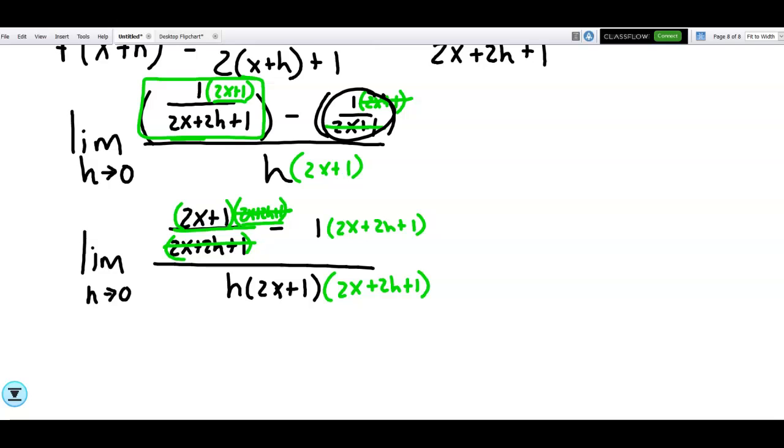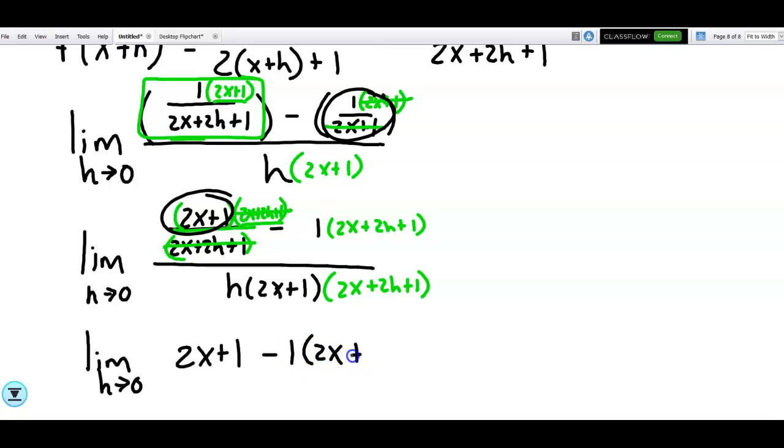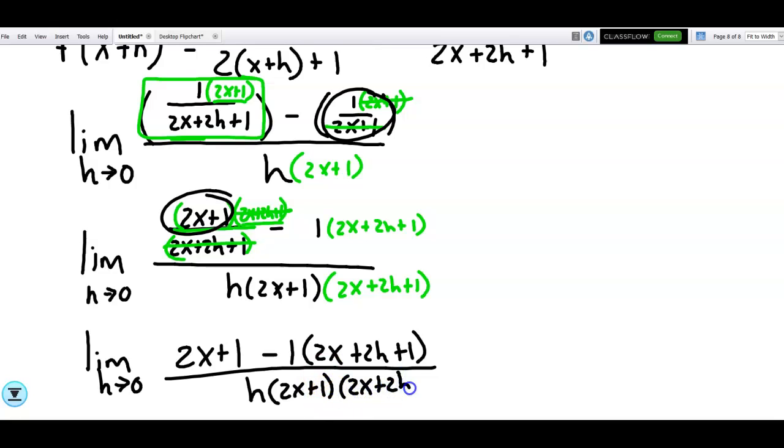And now I'm left with the limit as h approaches 0 of 2x plus 1 minus 1 times 2x plus 2h plus 1, all over h times 2x plus 1 times 2x plus 2h plus 1.